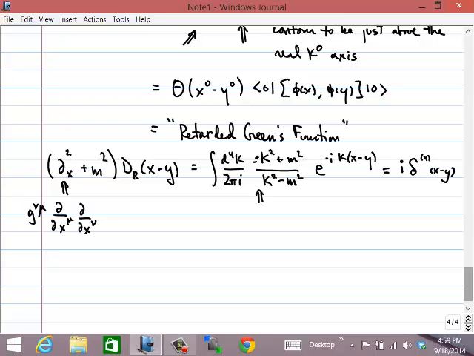You can immediately see now why these propagators are going to be useful once we start considering interacting theories. Because in the free theory, we had a wave equation where (∂² + m²)φ is equal to 0. In an interacting theory, (∂² + m²)φ is going to be something that's not 0. You're going to have some source there, and you're going to need this propagator to understand how φ responds to the presence of that source.